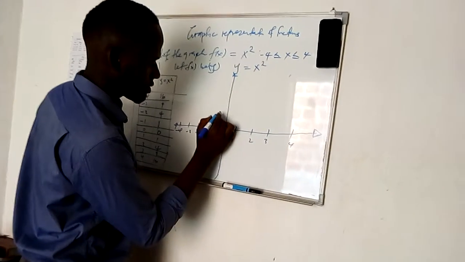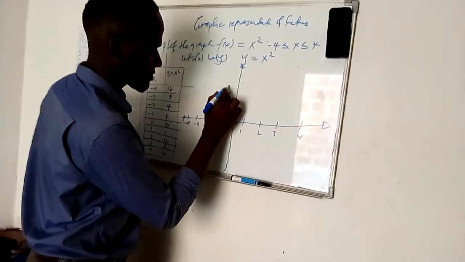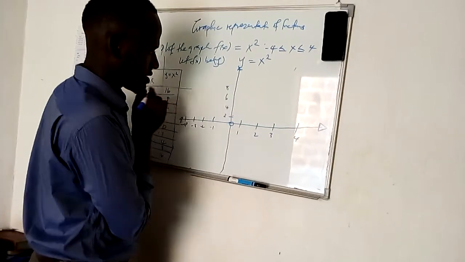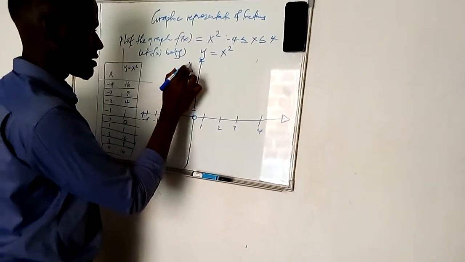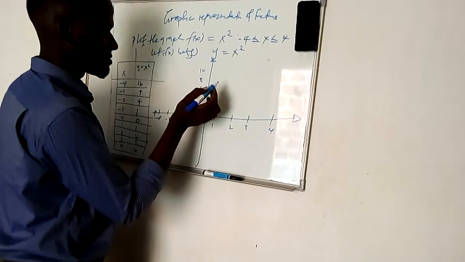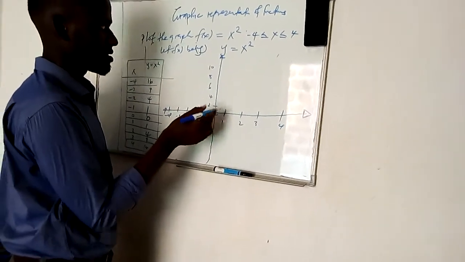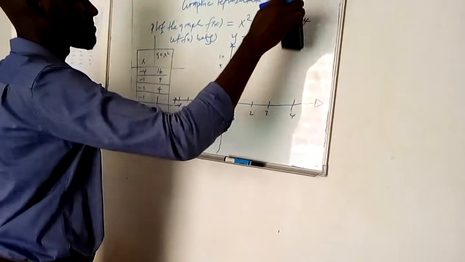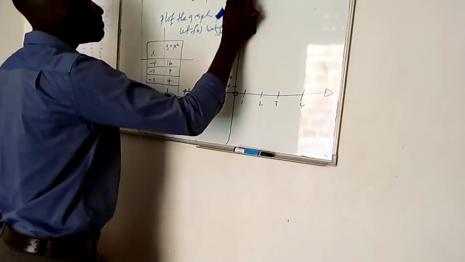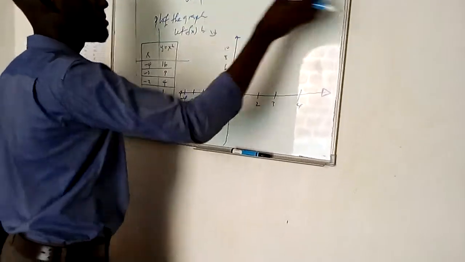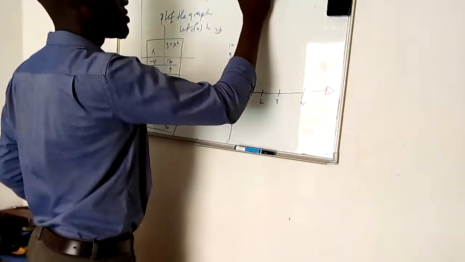This is 2, 4, 6, 8, 10. Since the board, okay, let me rub these upper things. Since you've already written them, let me rub these upper things and we'll see how we can easily draw this.